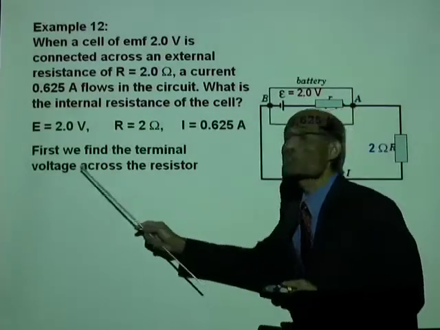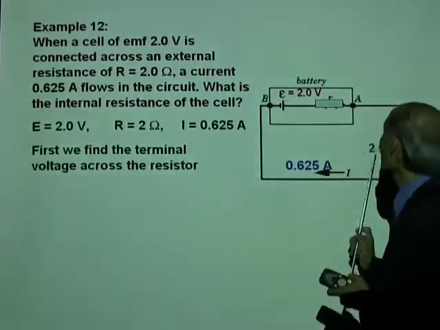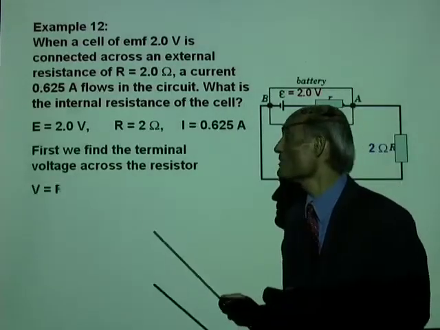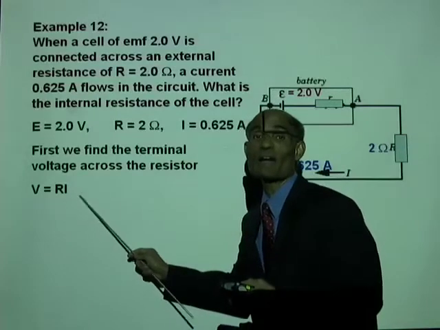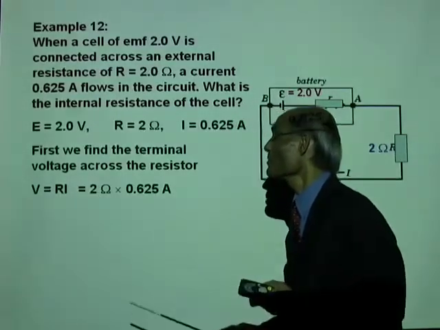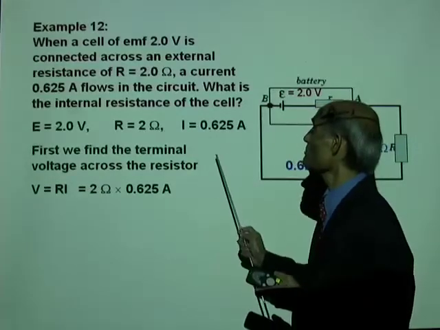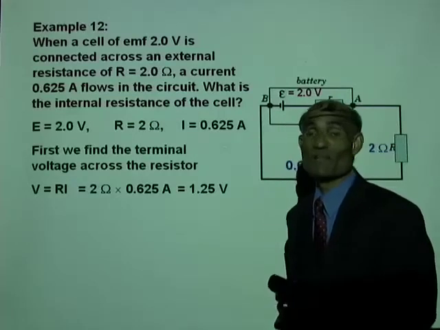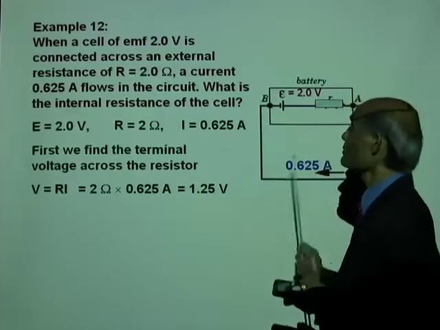We first find the terminal voltage. That means the potential difference across the 2 ohm as V equal to IR. We know R, we know I. That will be 2 ohm times 0.625. That is 1.25 volt. That is the terminal voltage across the resistor.